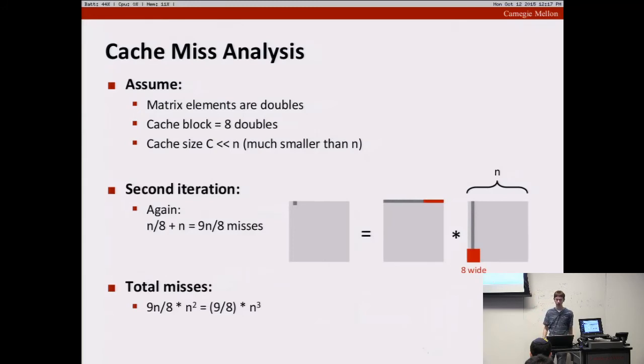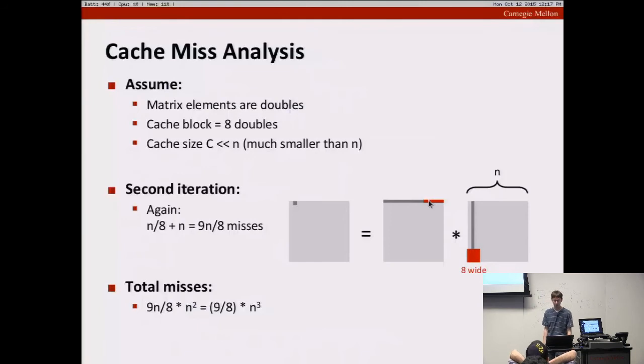Then we go again, and what happens? We do the same thing to the first row, and if we've overwritten the beginning of it, then we have to load that up again. We're going to have n over 8 misses again, because we evicted the beginning of this first row. And then, once we start loading these up again, eventually we'll evict the end, and so we have to load it up again too.